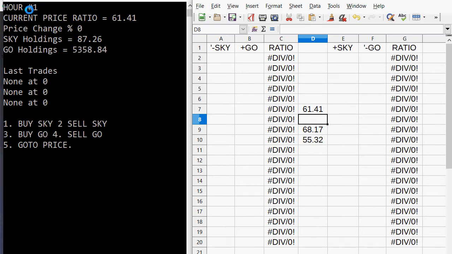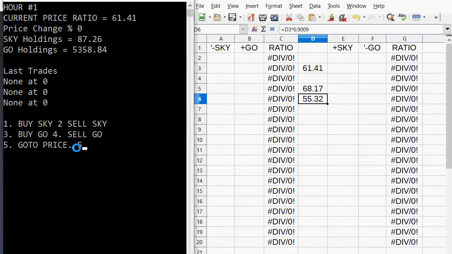Again, we're looking at hour number one, not day number one. The first ratio here is 61:41, so this is 11% up. The formula is D3 multiplied by 1.11, which is looking for a move above 68.17. And then 55.32 is multiplied by 0.9009, which is the equivalency to an 11% move higher.